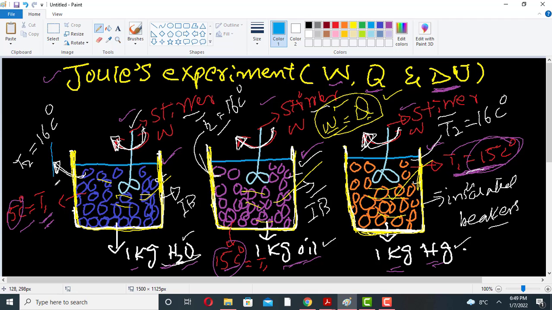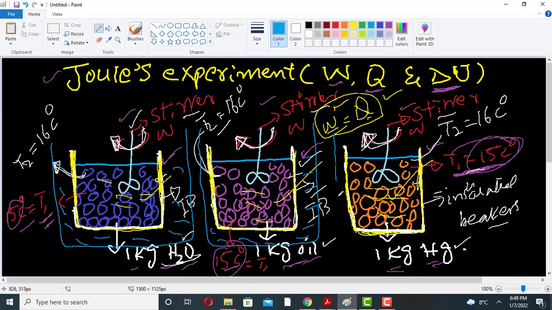Then we put these beakers in a large beaker of liquid water. Similarly we put the second beaker in a large beaker of cold water, and similarly we also put this beaker in a large beaker of liquid water.